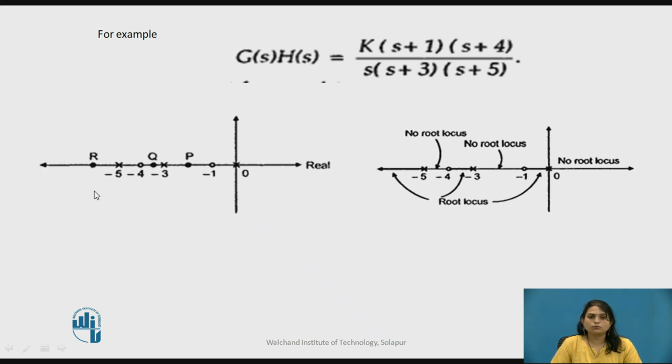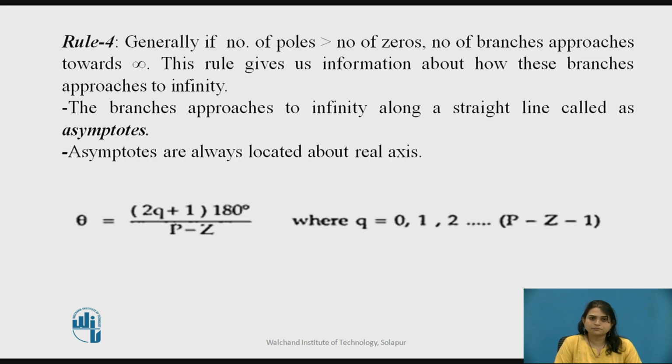So no root locus will be there. So in the second diagram, we have written here the root locus will be there in between the minus 3 and minus 4. Here no root locus is there, no root locus is there. So in this way we are going to plot the poles and zeros.